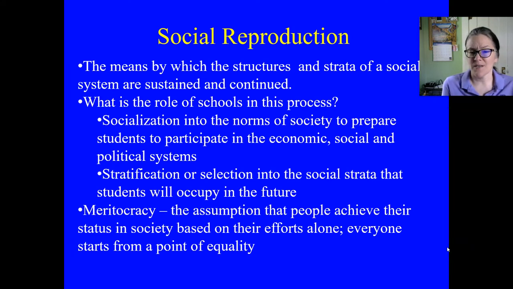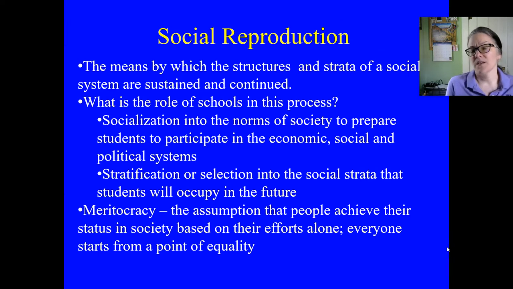So schooling works as a selection mechanism. We select people who are going to go on to college and people who are going to go on to trade or the military. And by allowing people to fail or pushing them out or failing them, however you look at that, we prepare people for lower wage jobs and for struggle in our economy.